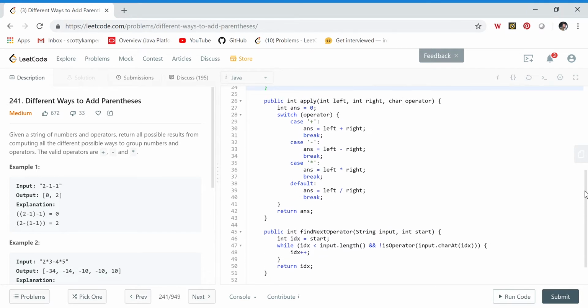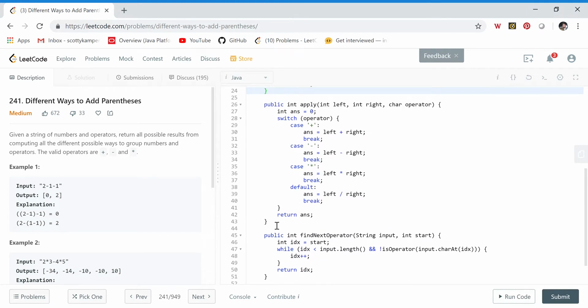I have a couple helper functions that I've written. Here's this function called apply. It takes in a left and a right as integers and an operator, and it basically just performs the operation of plus, minus, times, and divide. The only reason I need to write this is our operator's a character, so we needed something where it could actually apply it to two different integers.